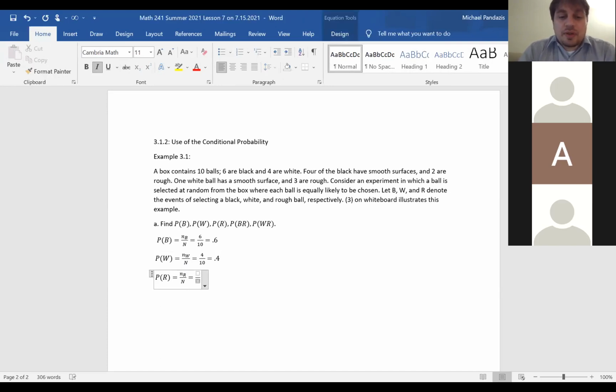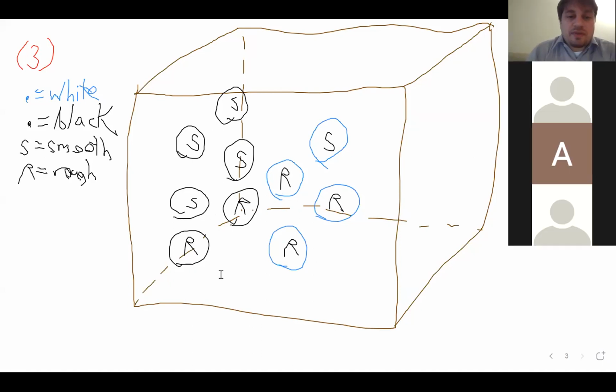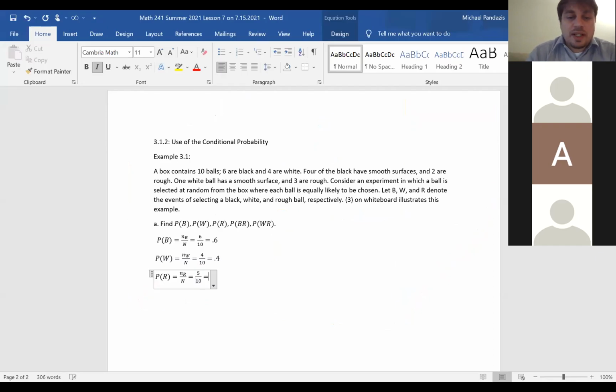The total number of balls is 10. And for the number of rough balls, you have 2 that are black and 3 that are white. So 2 plus 3, there's a total of 5 rough balls. And so 5 rough balls out of the total 10 is equal to 0.5.